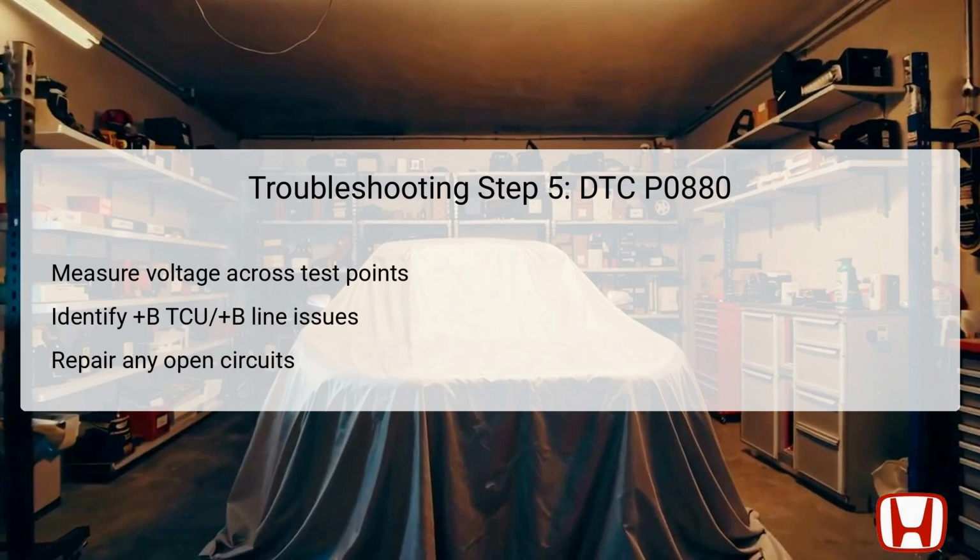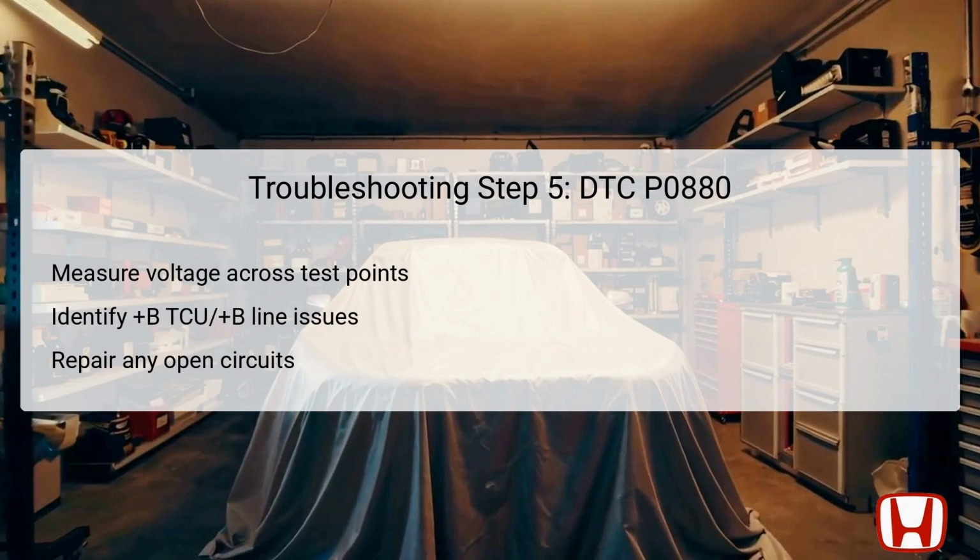For the fifth troubleshooting step, it's necessary to measure the voltage between two designated test points while the vehicle is in off/lock mode. Specifically, the voltage must be measured between test point 1, which is terminal number 5 of the TCM 58P connector, and test point 2, which is body ground.